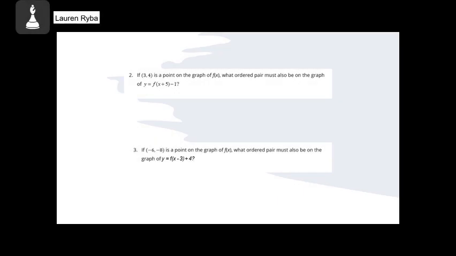So another thing they can do is give us a point and then ask us what ordered pair will be on this new graph. So we have a point (3, 4) on the original graph, and we're going to go through this transformation of f(x plus 5) and then minus 1. What this tells us to do is move left 5 and down 1. Well, left 5 is impacting the x coordinate, so we need to take away 5 because that's how we move left 5.